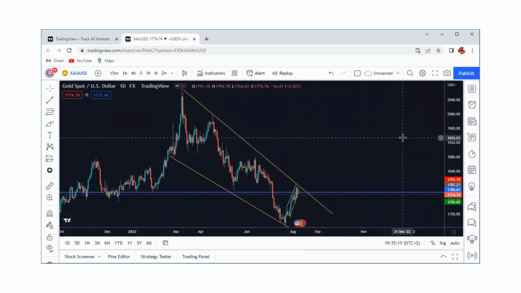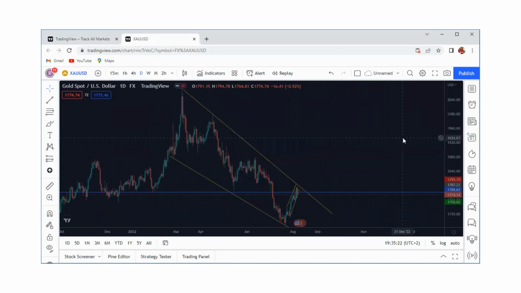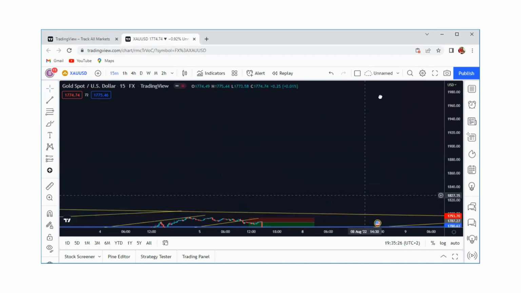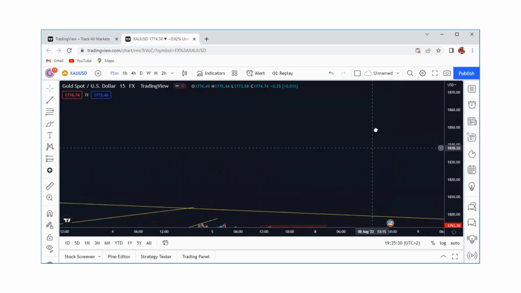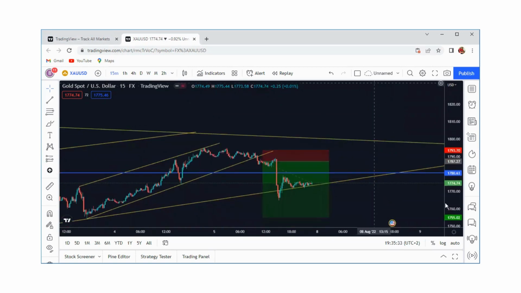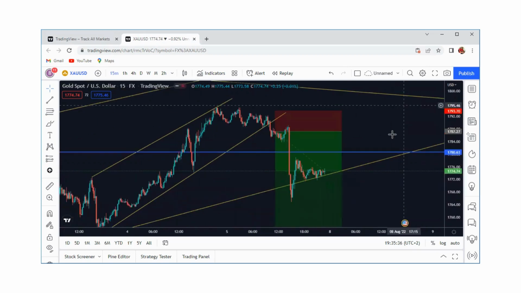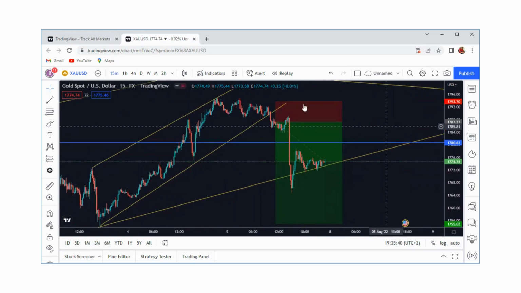Let me just jump into the 15-minute time frame so I can show you guys what I'm saying. I'll remove the blue line here. I just wanted you guys to see. So you can see on the 15-minute time frame, we have a beautiful reversal pattern to the downside.